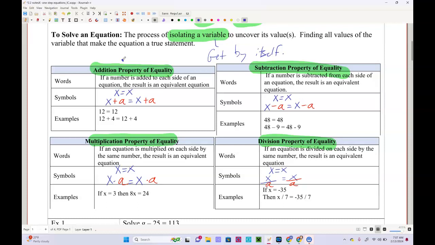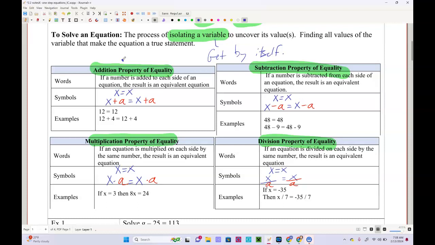The addition property of equality, just like all of these properties, says if I do something to one side and I do the same thing to the other side, the scale will still be balanced. If I had two 10-pound weights and now I drop a 5-pound weight on the left-hand side, and I also drop a 5-pound weight on the right-hand side, then the scale wouldn't move. It would still be perfectly balanced. And that's all these properties of equality are saying.